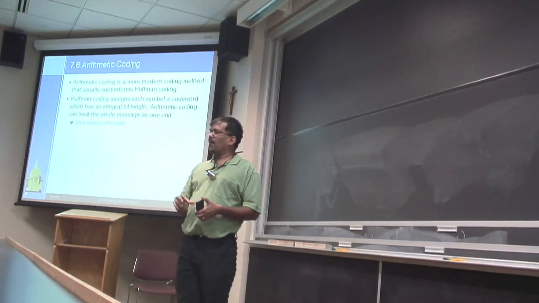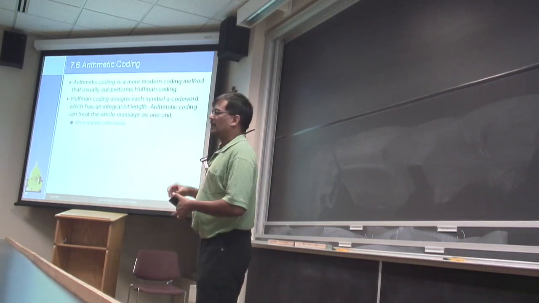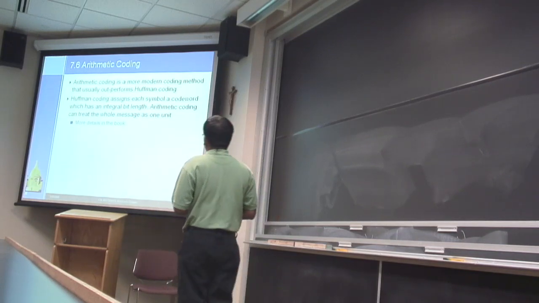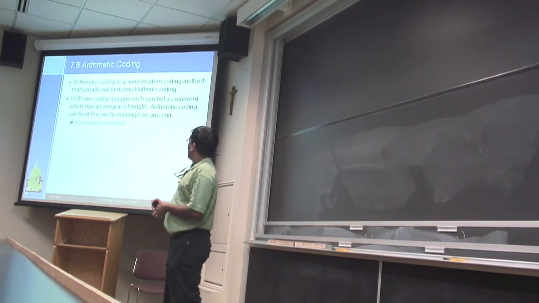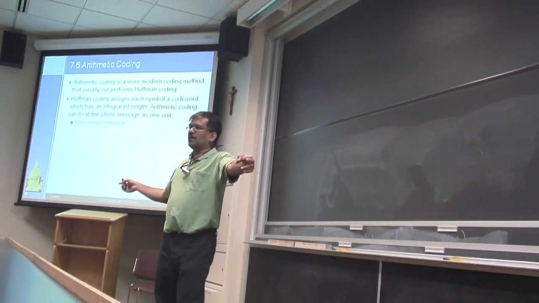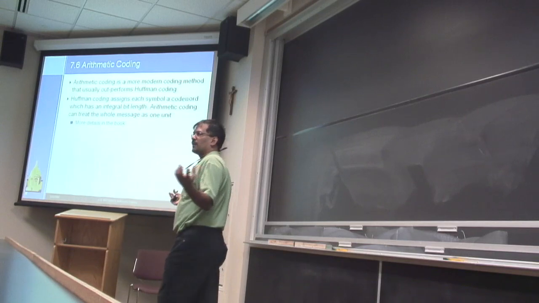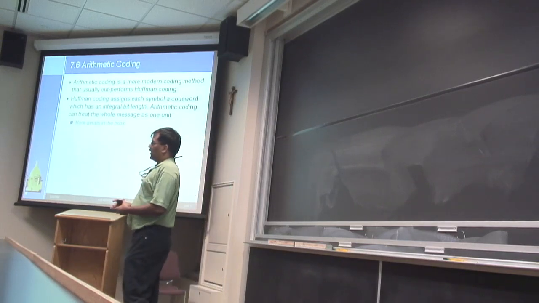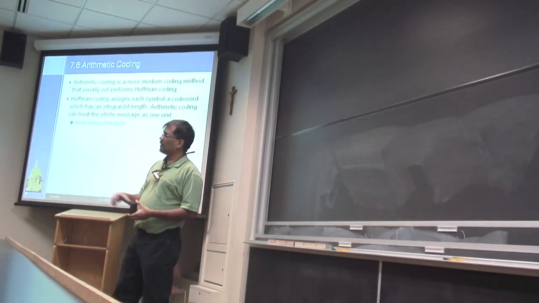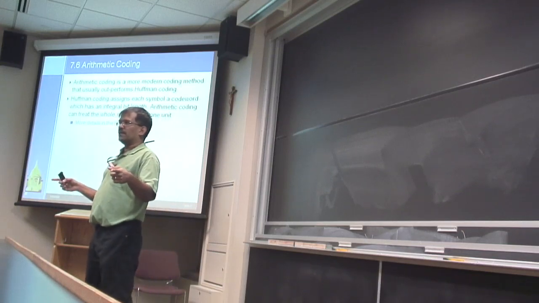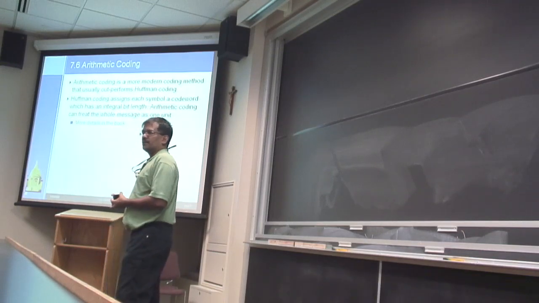And a more modern algorithm is the arithmetic coding algorithm, where you can treat the whole image, whole data as a vector, and you're not restricted to treating them as 8-bit or whatever. You can treat multiple bits, right? And the description is in the book.